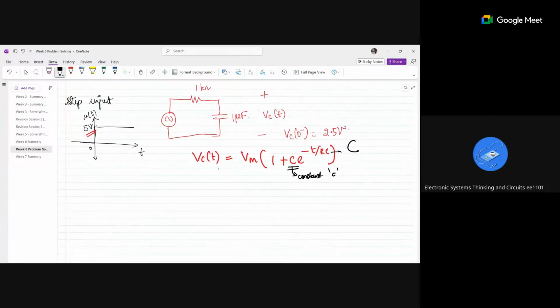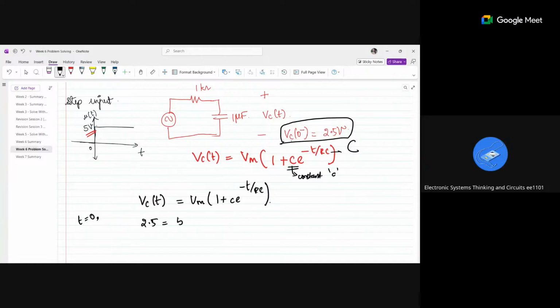So I will take my Vc of t equation. This is the formula, right? Vc of t equals Vm into 1 plus C e power minus t by RC. And I have been given the initial condition. So I am going to calculate for time t equal to 0. At time t equal to 0, Vc of t is 2.5 volt, Vm is 5 volt.